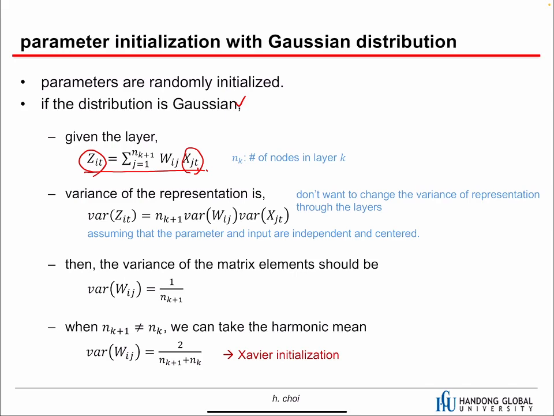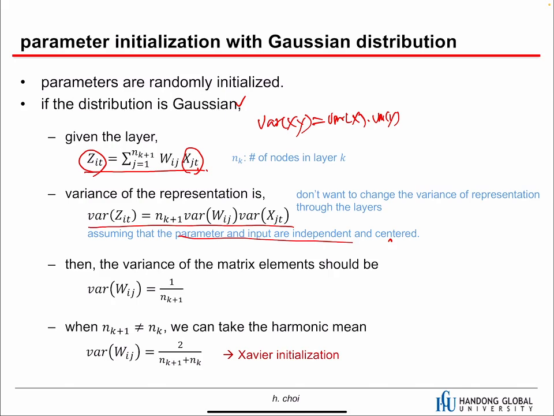And when we have the variance of xy, this is actually the variance of x times the variance of y if they are independent. So if we assume this, then we can have this one. In this equation, we don't want to change this variance.